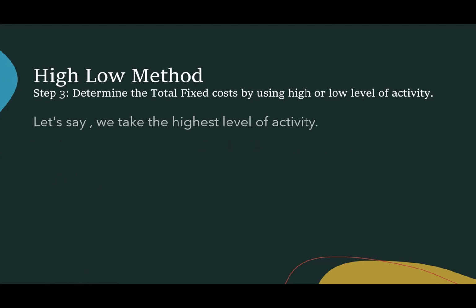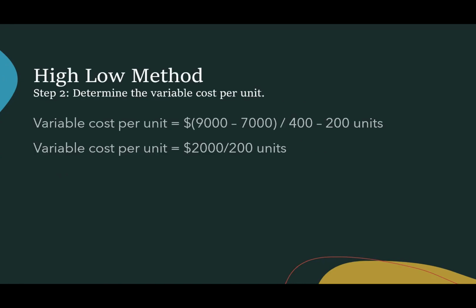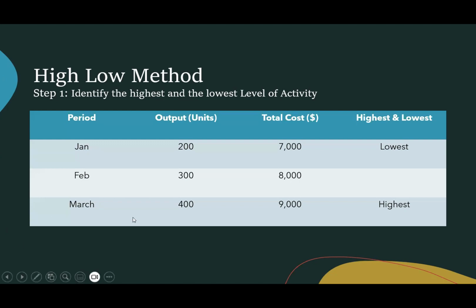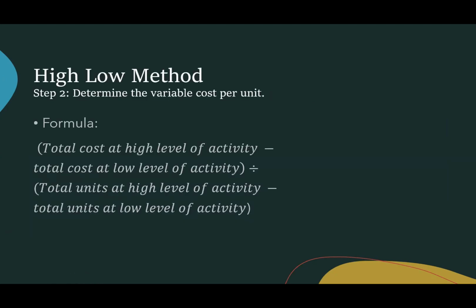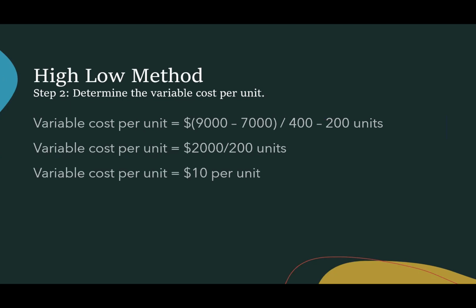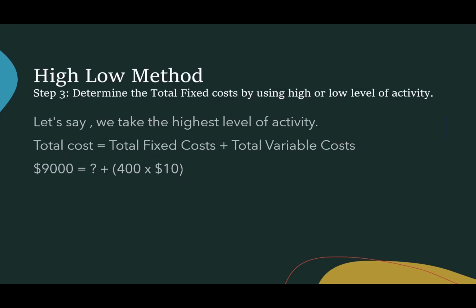I'll show you here. The total cost at high activity level was 9,000 and the number of units we're talking about is 400. So total cost is 9,000. This is what I need to figure out: what's going to be my total fixed cost.